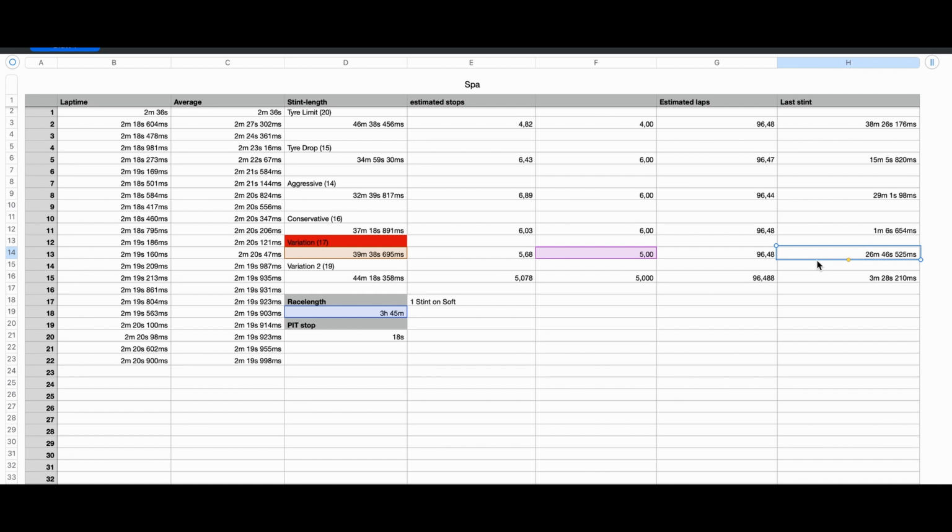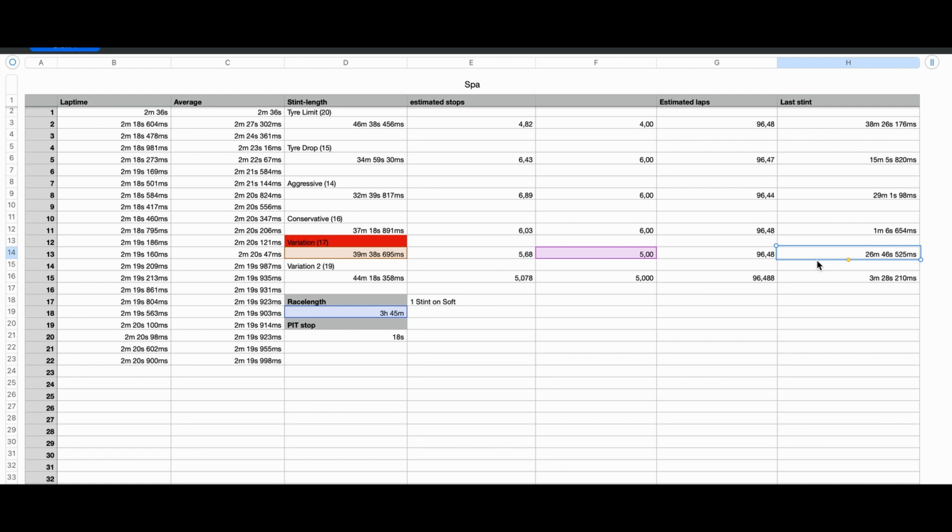Ultimately, the 17 lap stint gives us the opportunity to always add or take off 1 lap from the stint without getting into a risky situation, let's say at the end of the tire life, or having to push too hard to still have a good lap time.